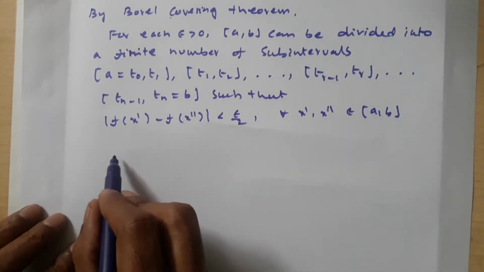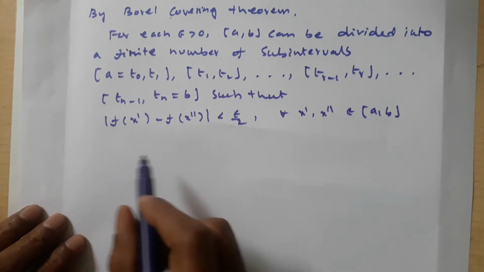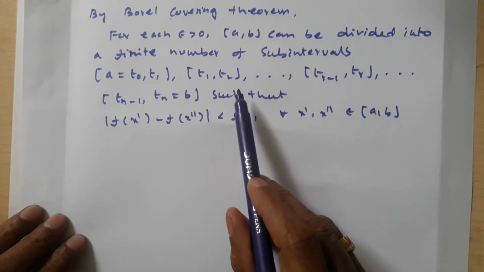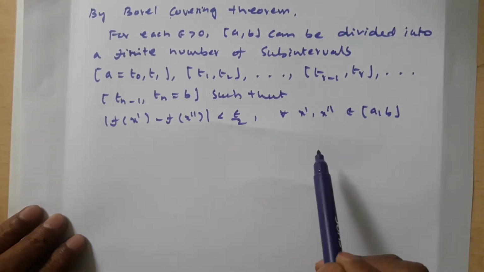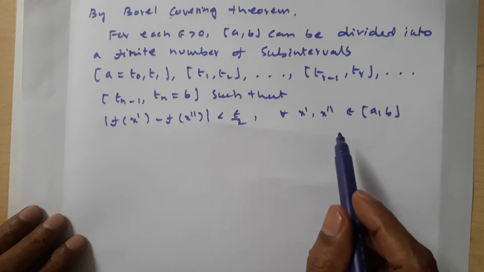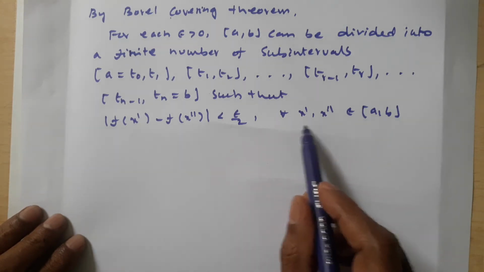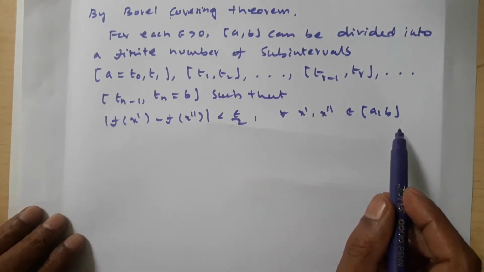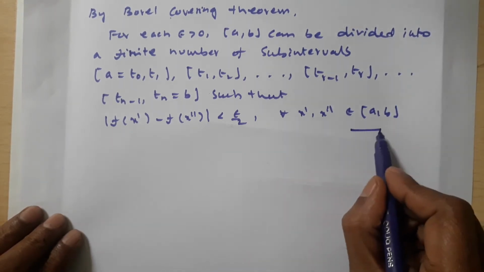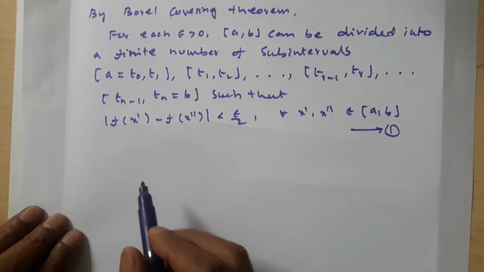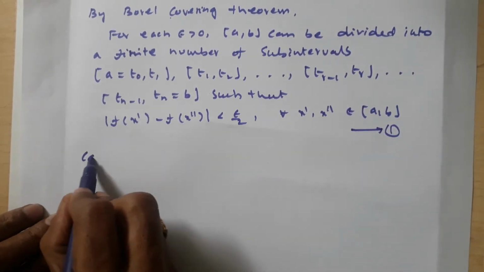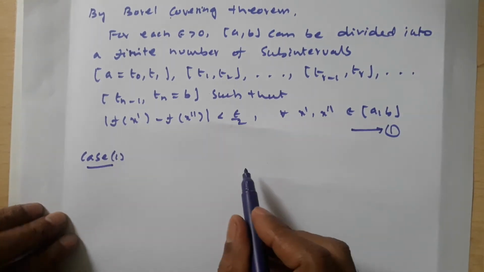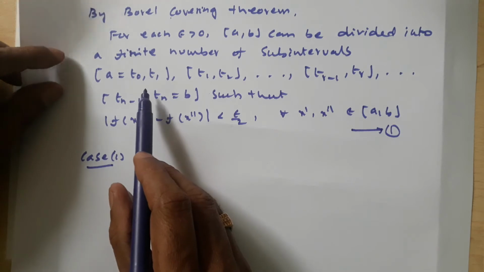Next, there are two cases for that. These x dash comma x double dash belong to the same subinterval among these subintervals, or otherwise they may be in two consecutive subintervals of closed interval a comma b. So take this as equation 1. Now the first case is that both x dash comma x double dash belong to the same subinterval of closed interval a comma b.